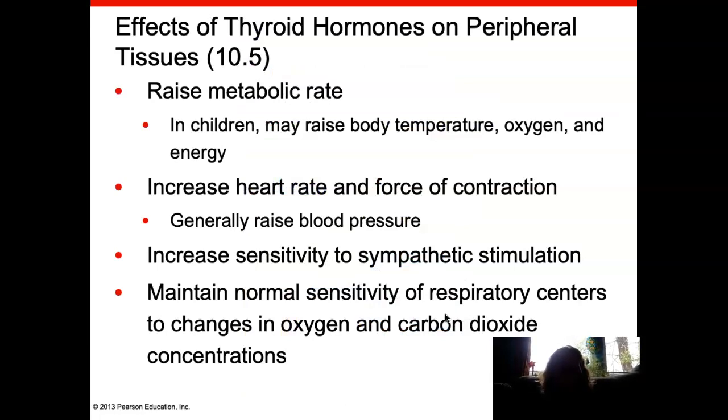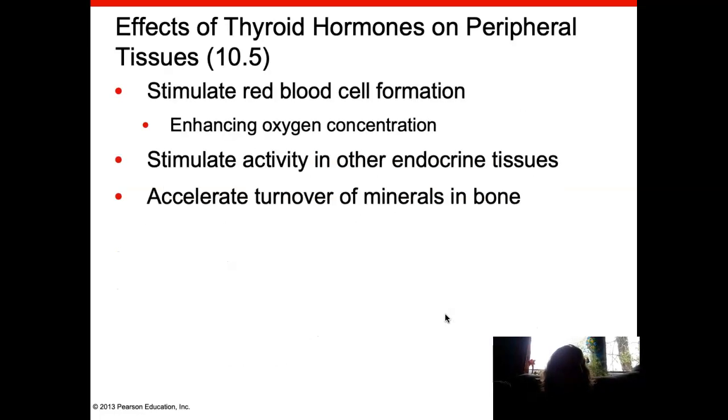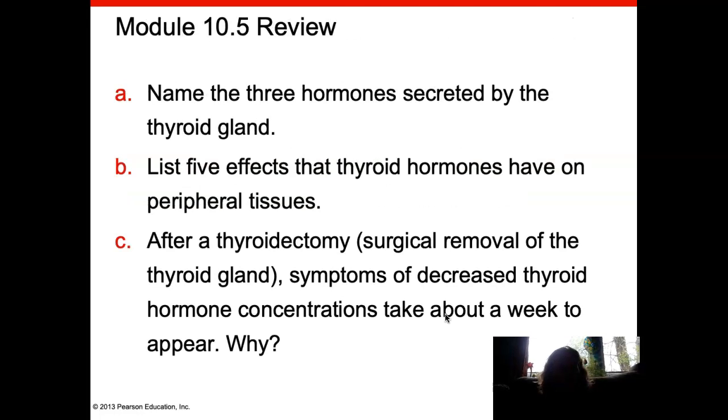The thyroid hormones raise the metabolic rate, increase the heart rate and force of contraction, increase sensitivity to sympathetic stimulation, that's the fight or flight response, stimulate red blood cell formation, turnover of minerals in bone, and stimulate activity in other endocrine tissue. So it's pretty diverse actions of the thyroid hormones on the body.